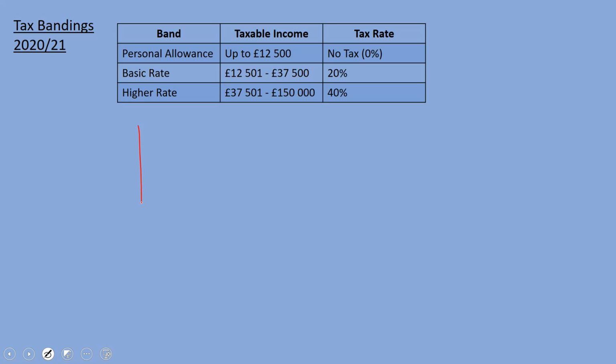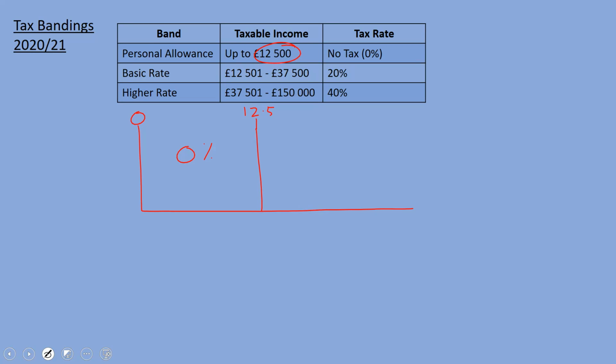So we draw something that looks a bit like a timeline. We're starting at £0 and we're going up to £12,500 here, which we can abbreviate to 12.5 thousand or 12.5k. And this section here, we pay 0% tax. That's our personal allowance or tax-free allowance.